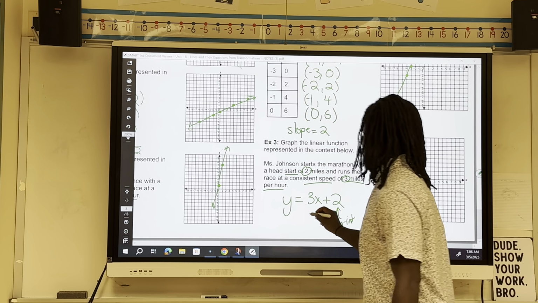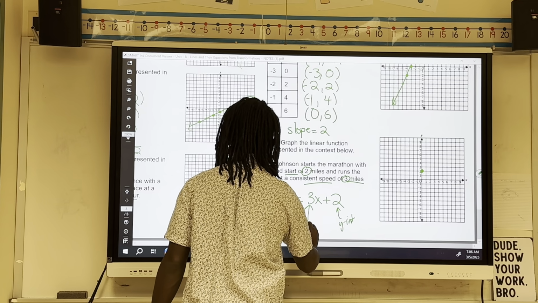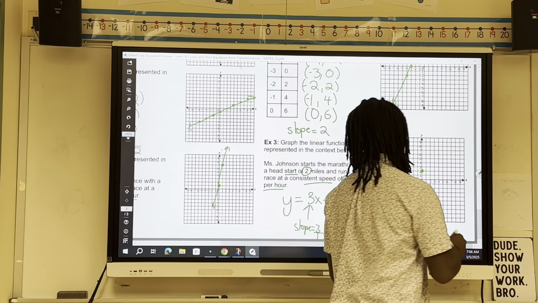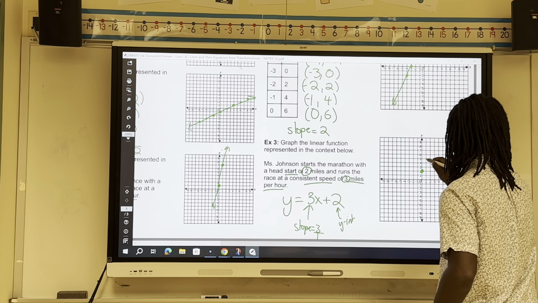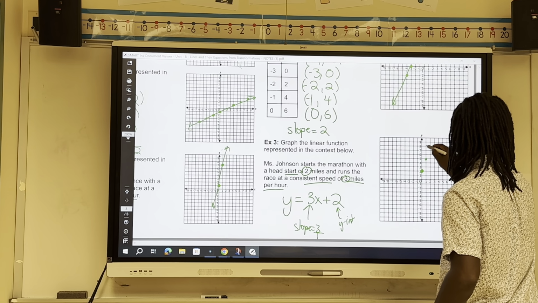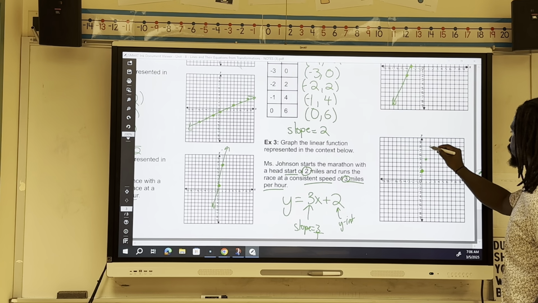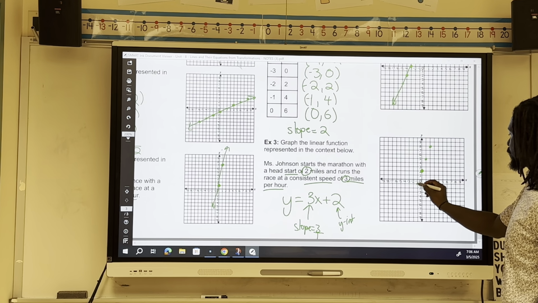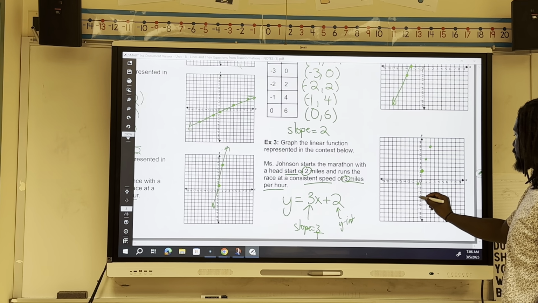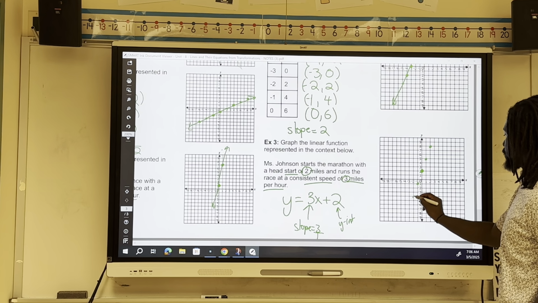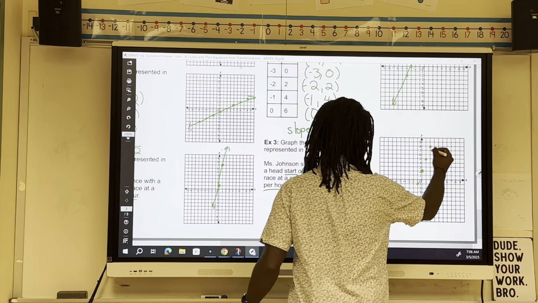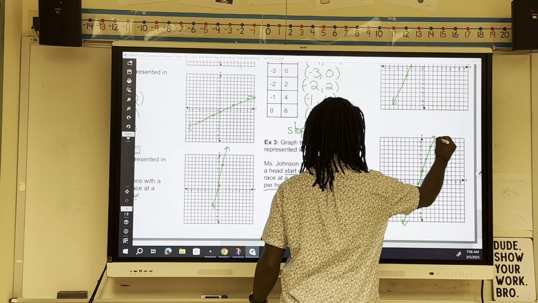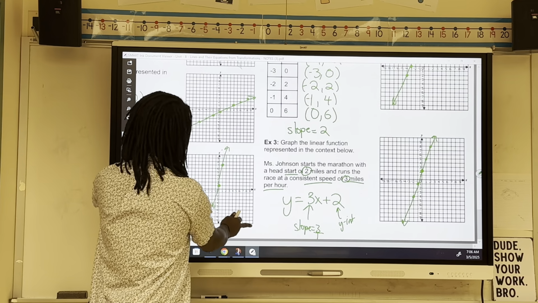And then I'm gonna use the 3 as my slope. Okay, so my slope is 3 over 1, or just 3. And so I'm gonna go up 3 over 1, up 3 over 1. Or then I'm gonna go down 3, back 1, down 3, back 1, okay? And then just connect my dots. Okay. And there you have it.